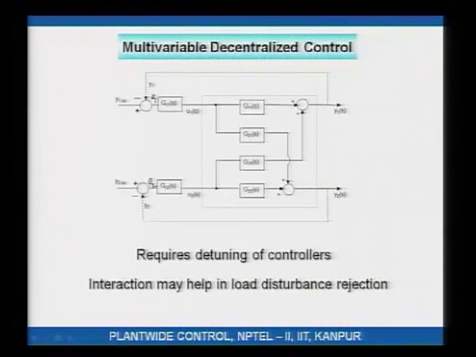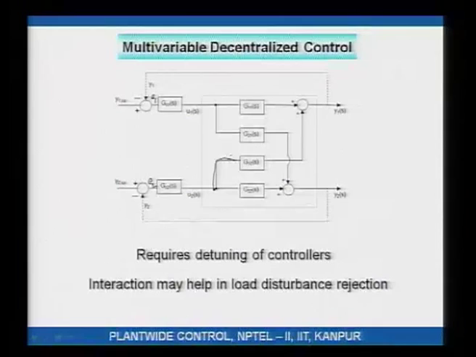So this is a multivariable decentralized control system. What is done to U2 is to bring Y2 back to set point, but whatever I do to U2 disturbs Y1. Because Y1 gets disturbed, my controller causes U1 to change so that Y1 gets brought back to its set point.